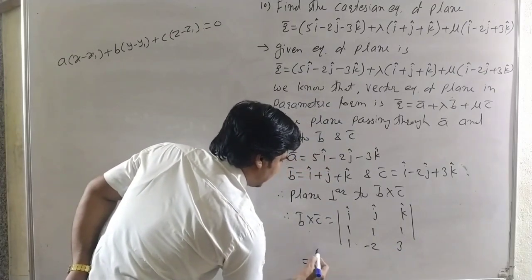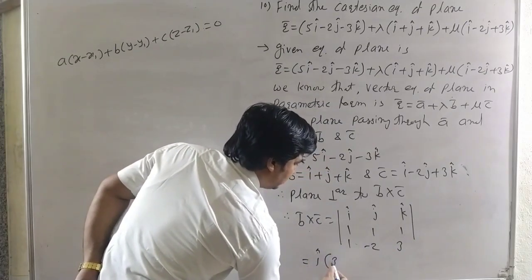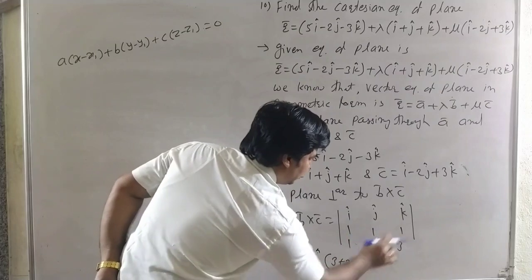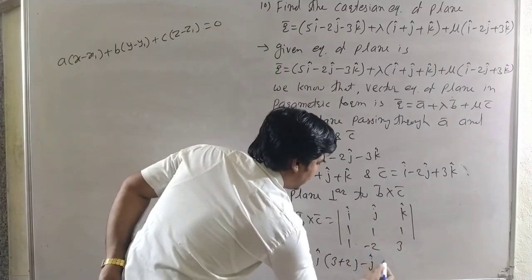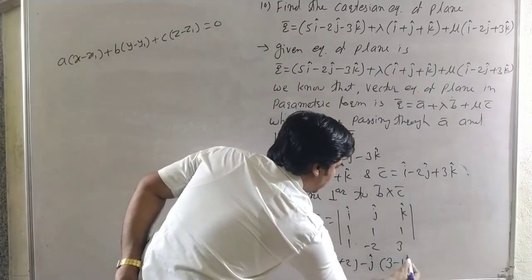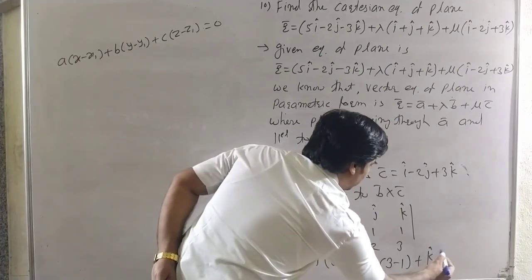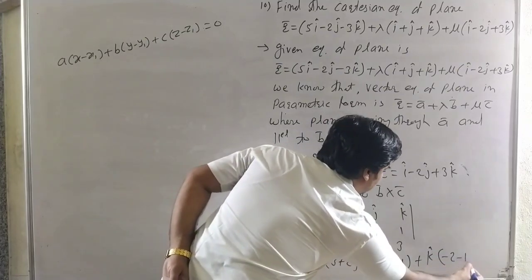Therefore i cap into 3 plus 2, minus j cap into 3 minus 1, and plus k cap into minus 2 minus 1.